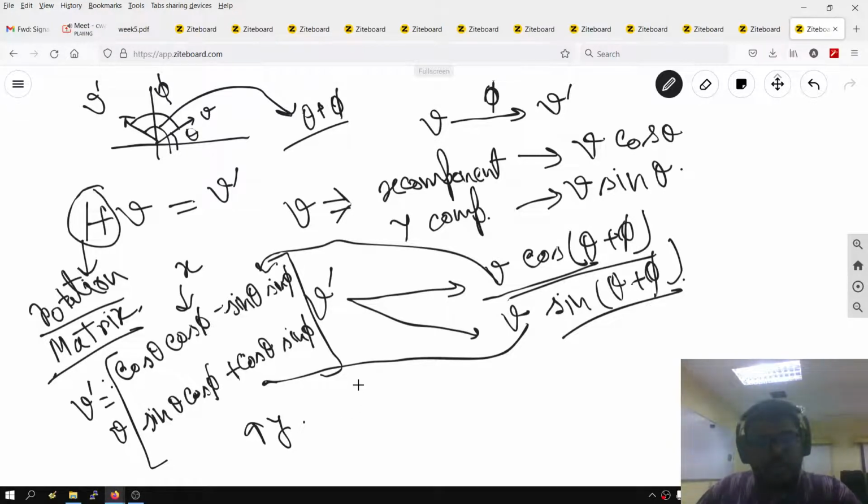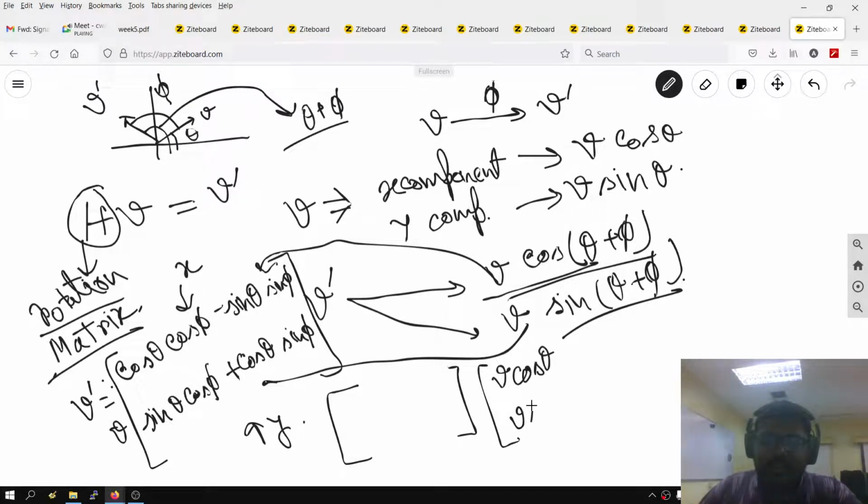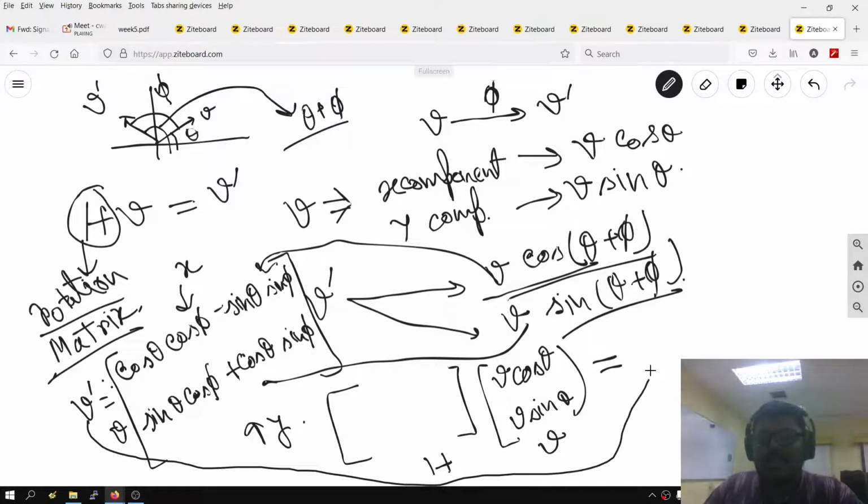So we multiply h with a matrix, this v cos theta and v sin theta. This is v, this is h, and it becomes this v dash. If we substitute the values here, it becomes cos theta, minus sin theta, sin theta, and cos theta.